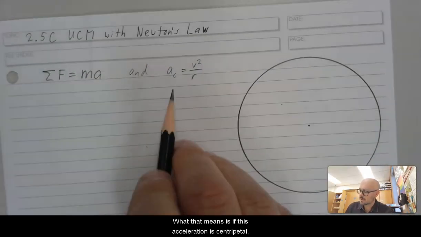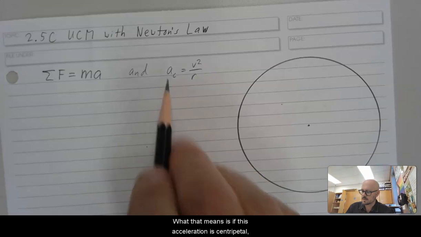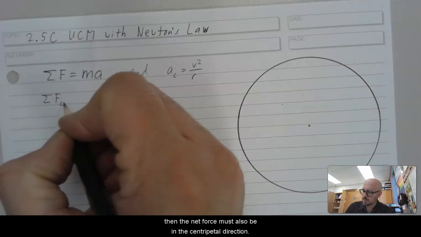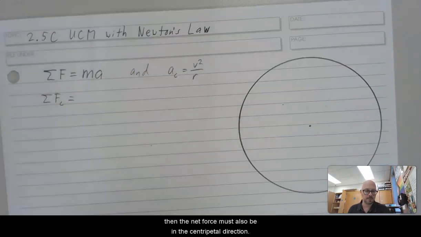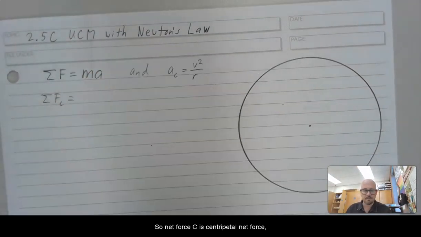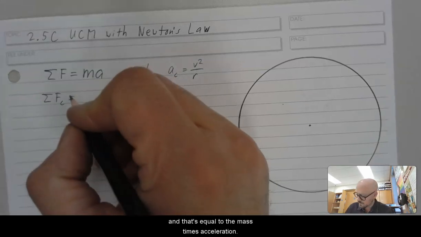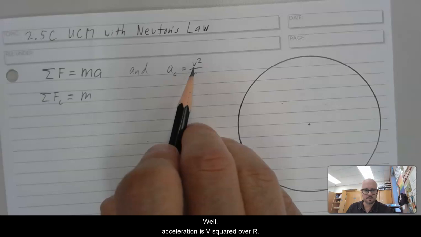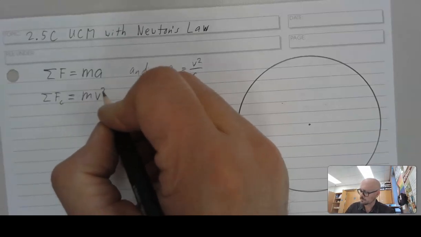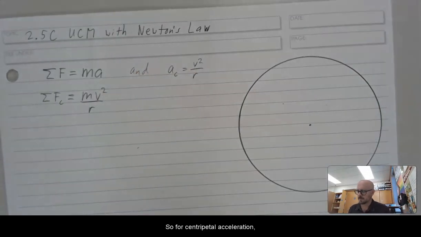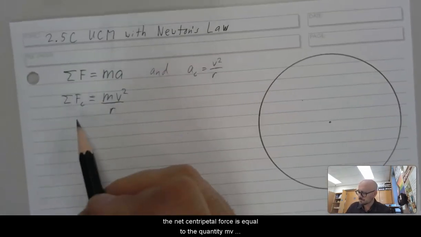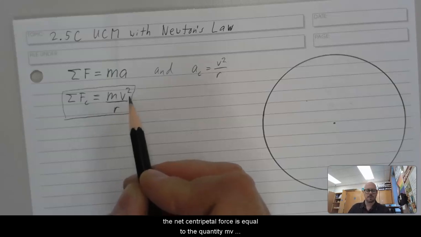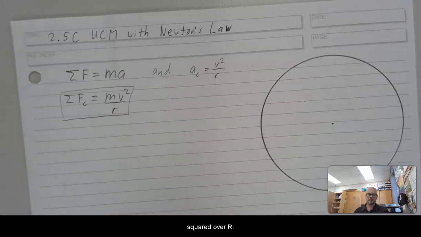What that means is if this acceleration is centripetal, then the net force must also be in the centripetal direction. So net force C is centripetal net force, and that's equal to the mass times acceleration. Well, acceleration is v squared over r. So for centripetal acceleration, the net centripetal force is equal to the quantity mv squared over r.